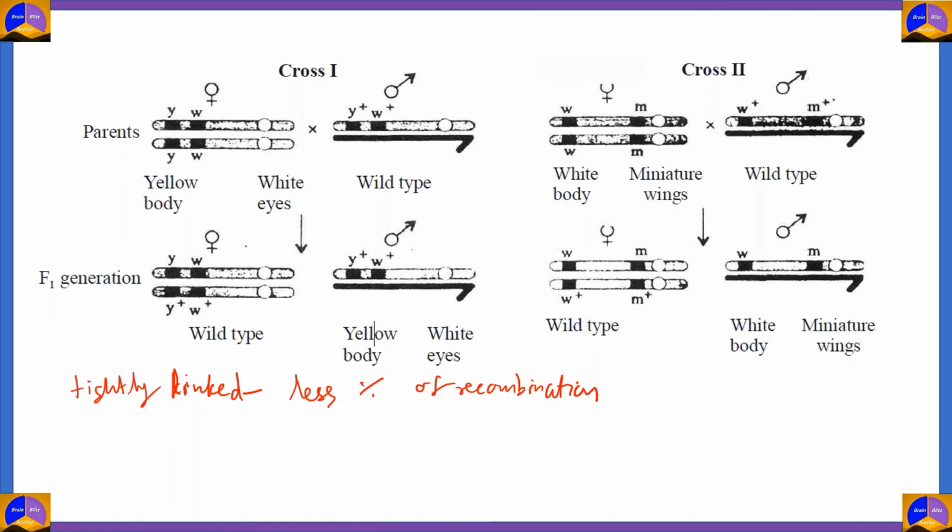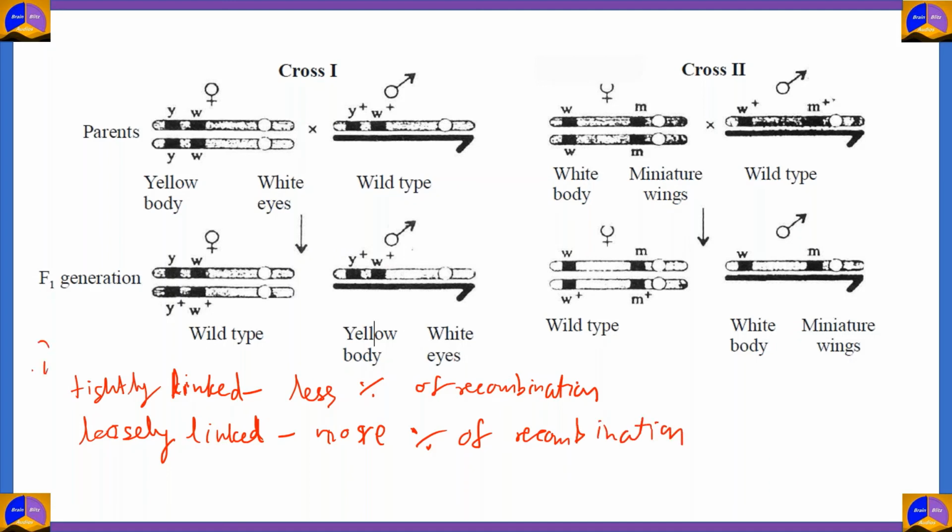So when a gene is loosely linked, there are more chances, so there is more percentage of recombination. So this is the first point.